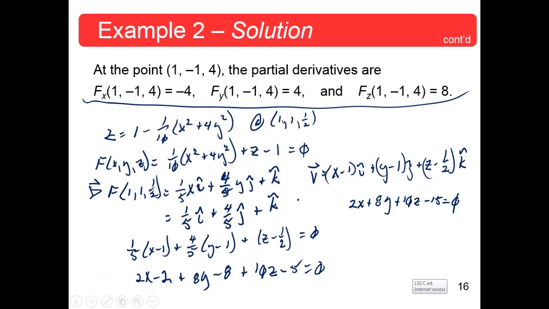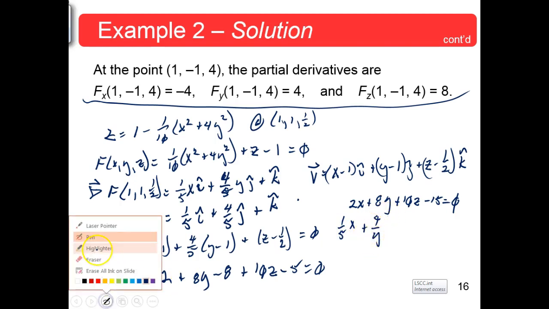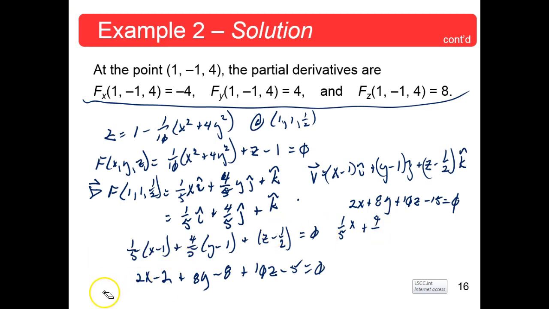Okay. Still nothing I can divide by to make it simpler, but they left it in fifths. So leaving it in fifths, dividing everything by 10, which undoes what we just did, is 1/5 x plus 4/5 y plus z minus 3/2 is equal to 0.